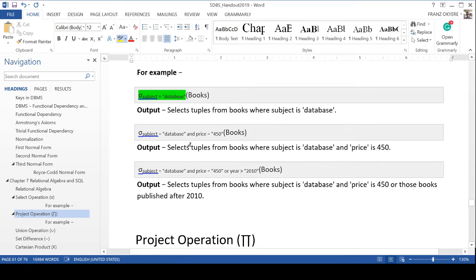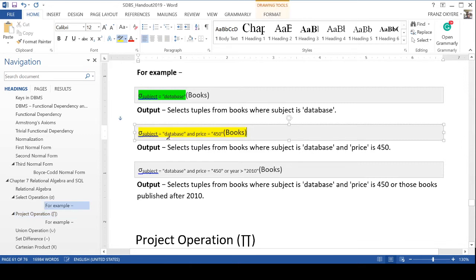We have examples here. Select from books where the subject of the book is database and the price is 350. Take note of AND. That's logic. AND means that we want both sides to be true.